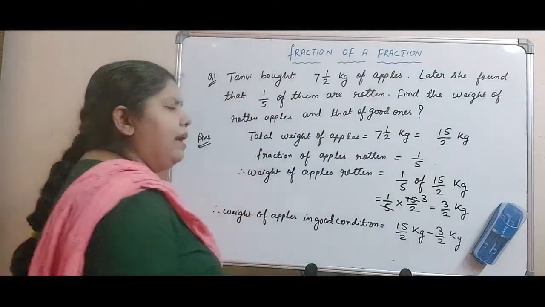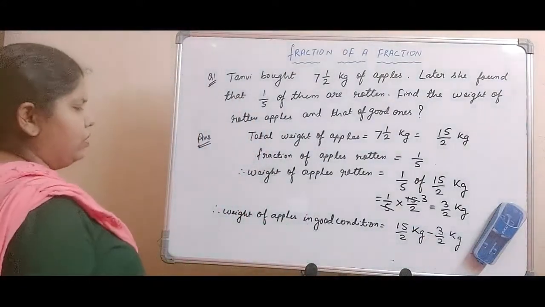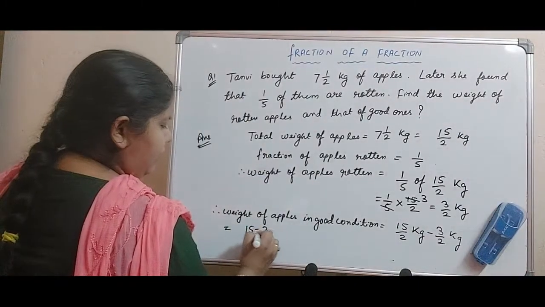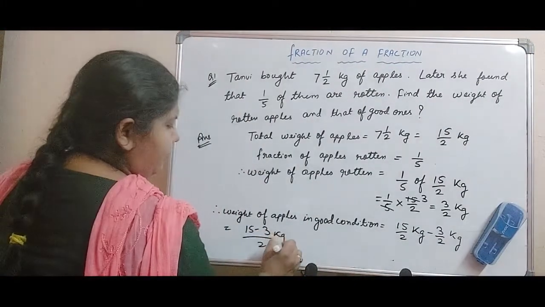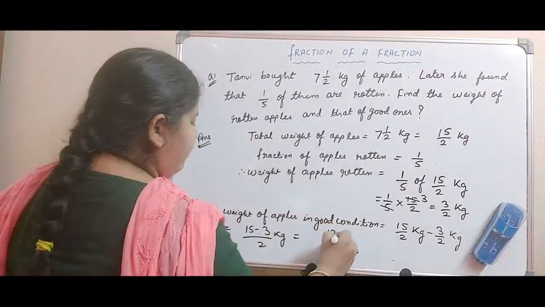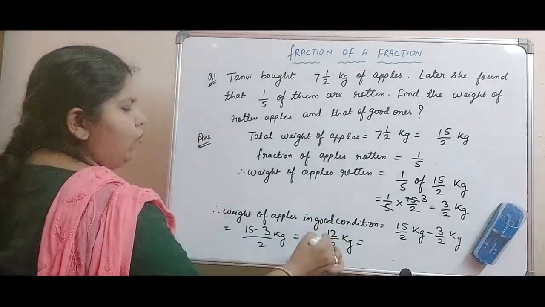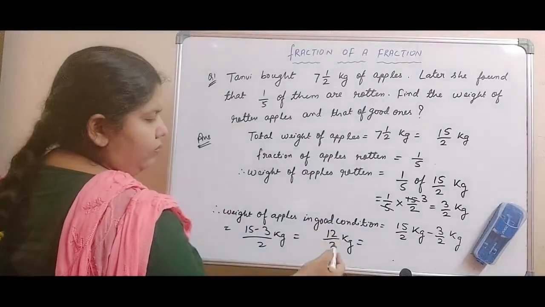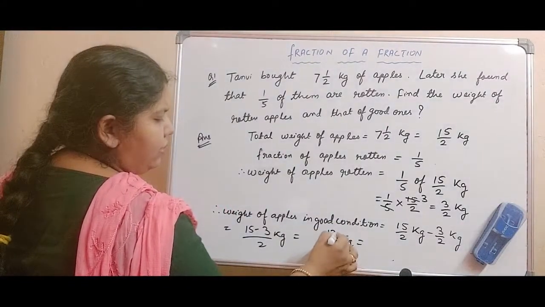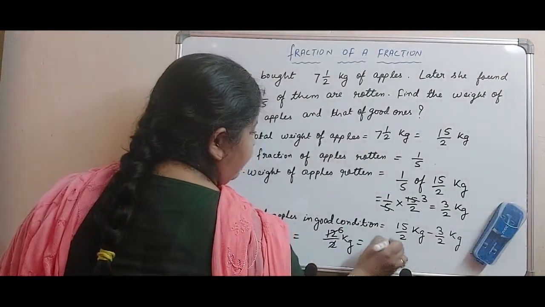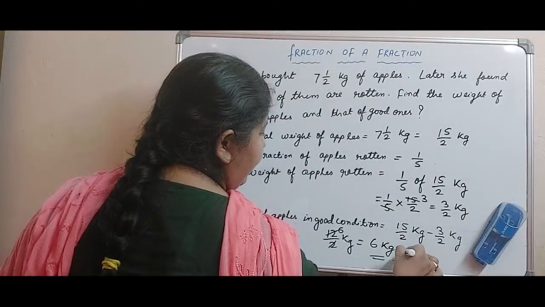Since both are like fractions, we only have to subtract the numerators. You will get 15 minus 3 by 2 kg equal to 12 by 2 kg. Now you see 2 and 12 both are dividing each other. So 2 ones are 2 and 2 sixes are 12. So answer is 6 kg. Okay, so this is the final answer.